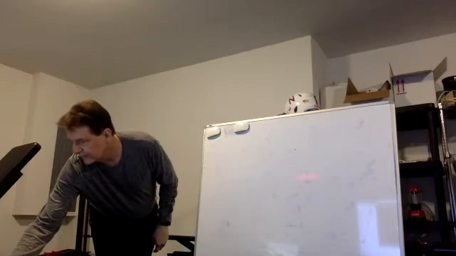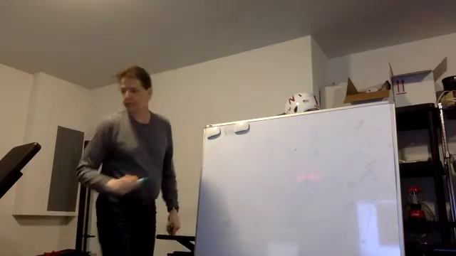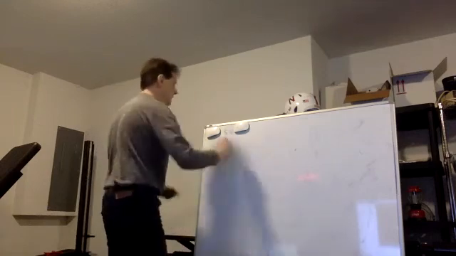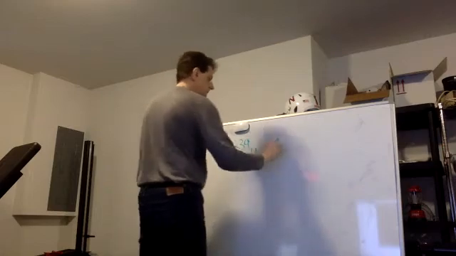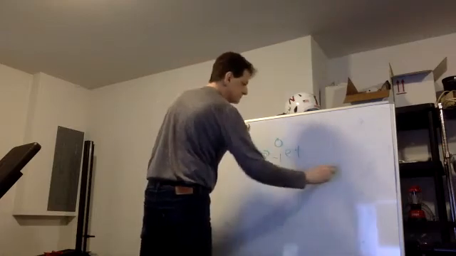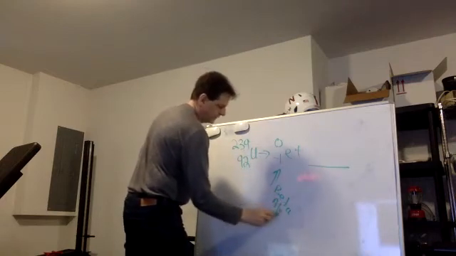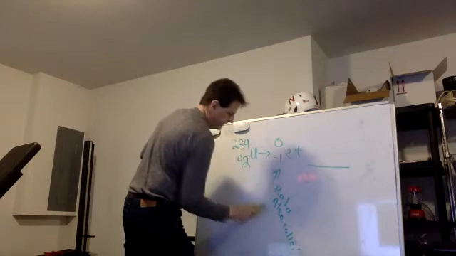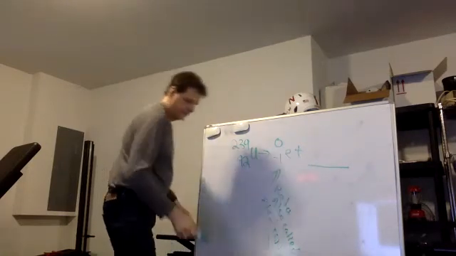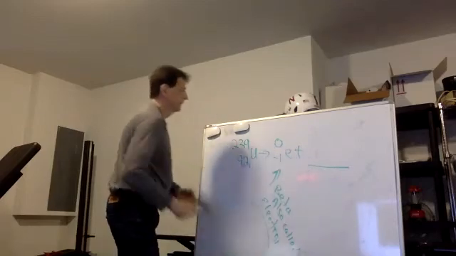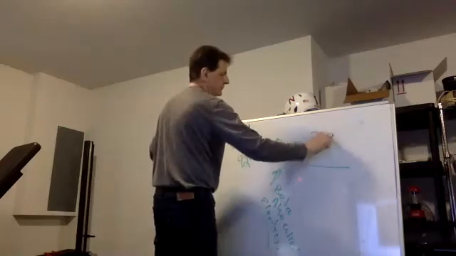Next up would be a beta emission. For a beta emission, I'm going to start with U-239 on the packet. This is a beta particle, also called an electron. So the top number does not change: 239 minus 0 is still 239.